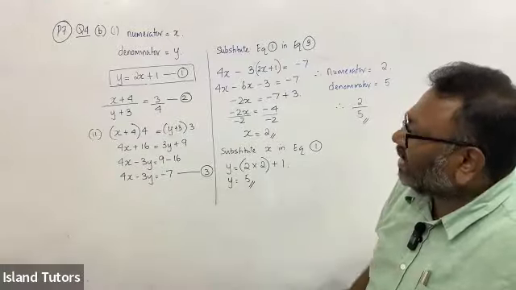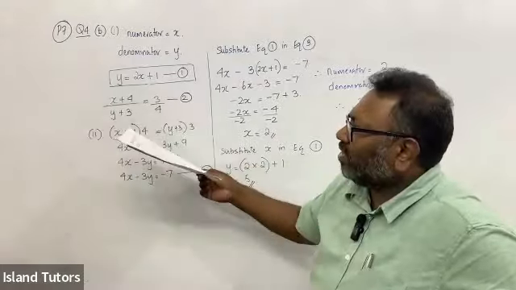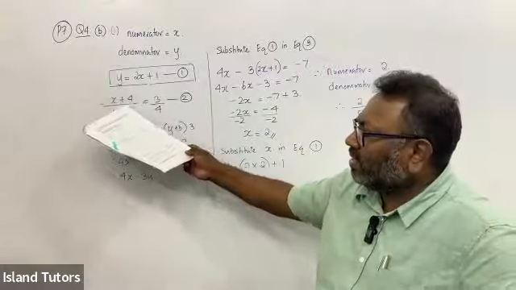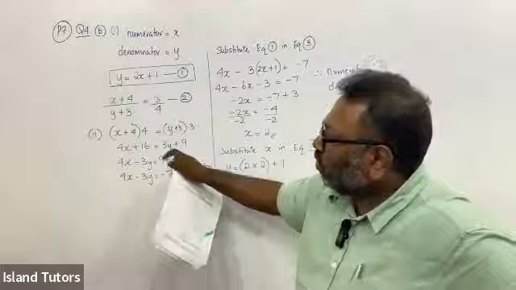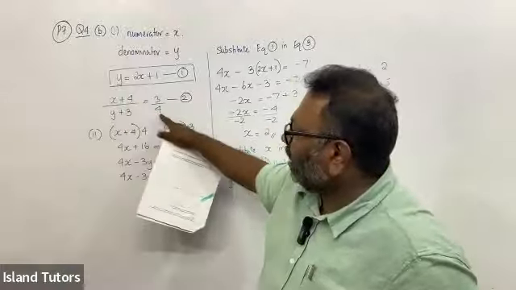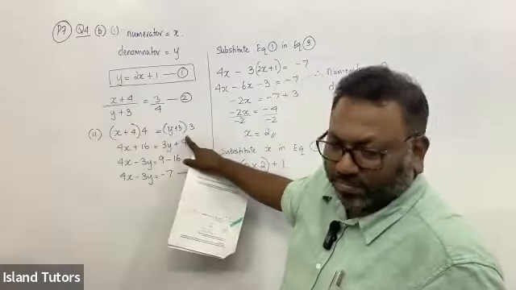Now this equation 2 is not in a form where we can solve, so we need to write it in this form. We cross multiplied: x plus 4 multiplied by 4, y plus 3 multiplied by 3.